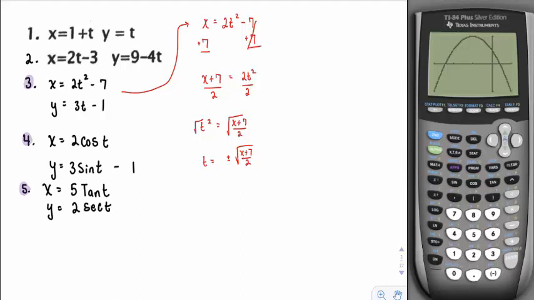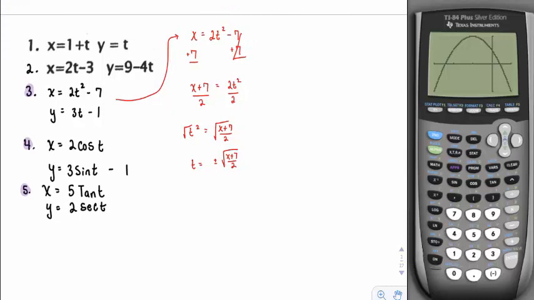Alright, so now that you have that solved, we're going to take that t value and plug it into that second equation, which is 3t minus 1. So I'm going to have y equals 3 times the square root of x plus 7 over 2, minus 1.